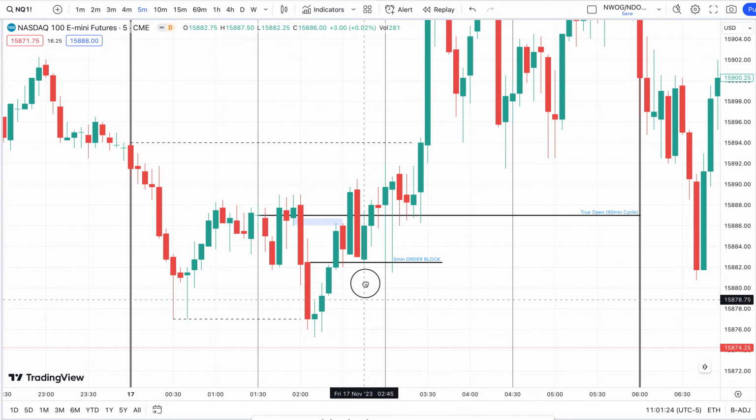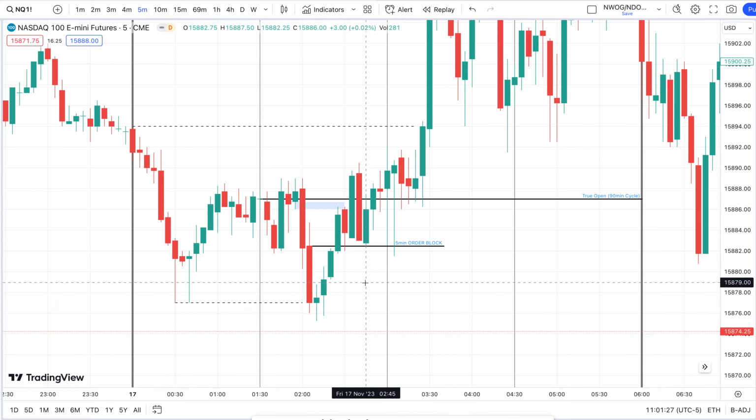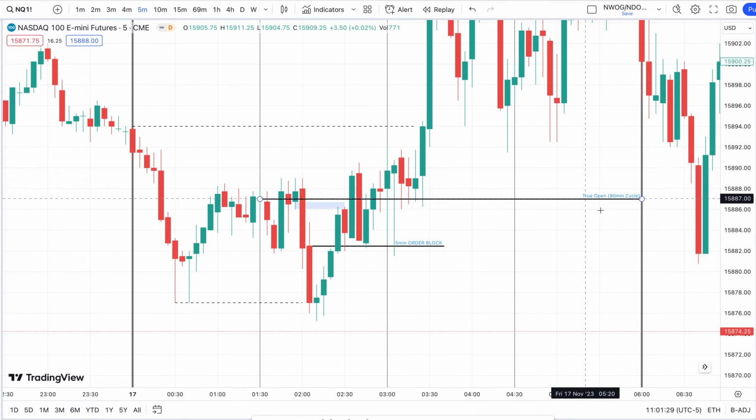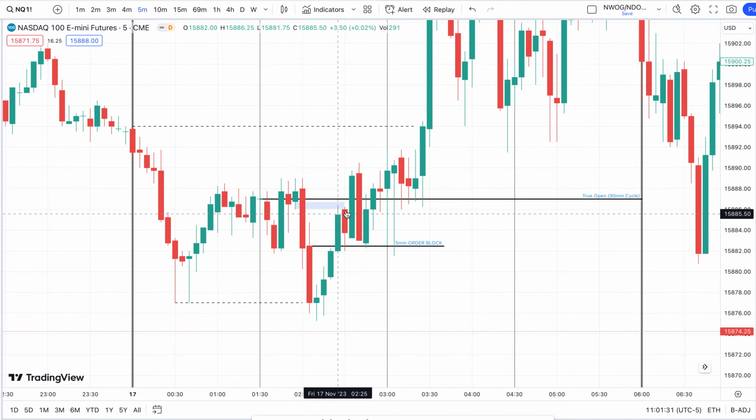And you'll see in terms of the swings, it's all referred to back to true open. So I wouldn't look at this as grabbing internal range liquidity because they're selling below true open for the session, and usually they'll be buying below true open.